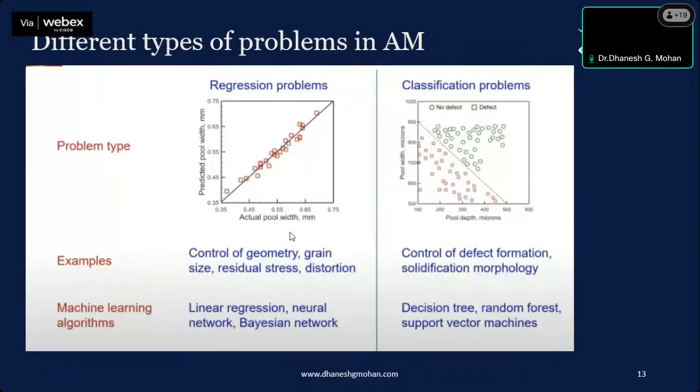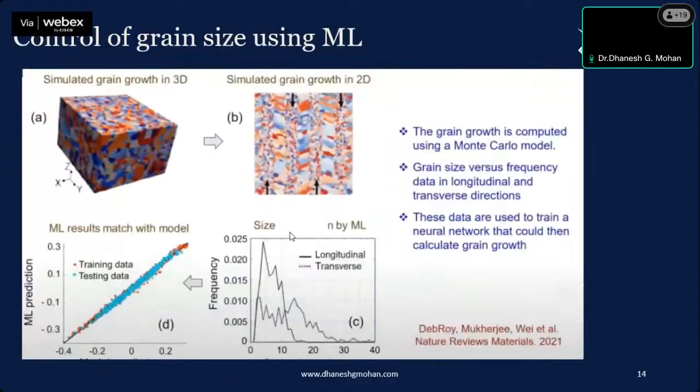Next slide, please. You can see the grain structure being controlled; the grain growth is simulated in computers using the Monte Carlo method. Microstructure features such as grain size and orientation determine mechanical properties.